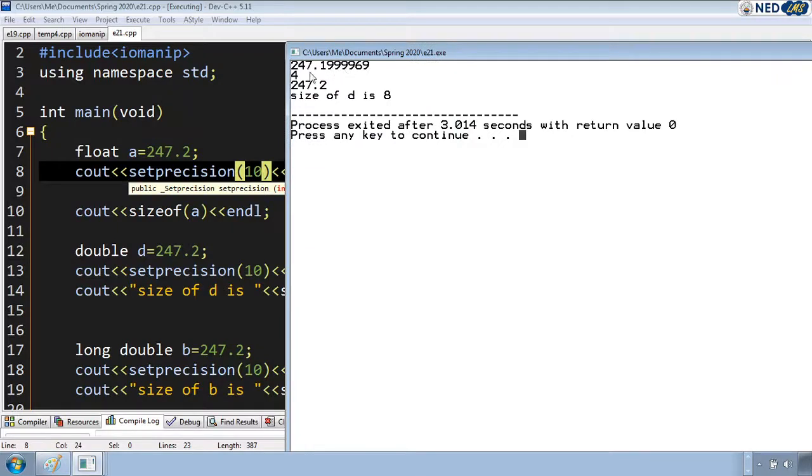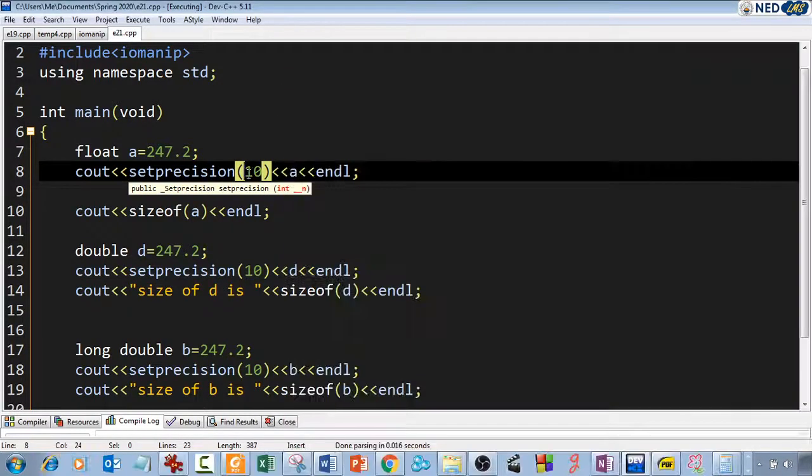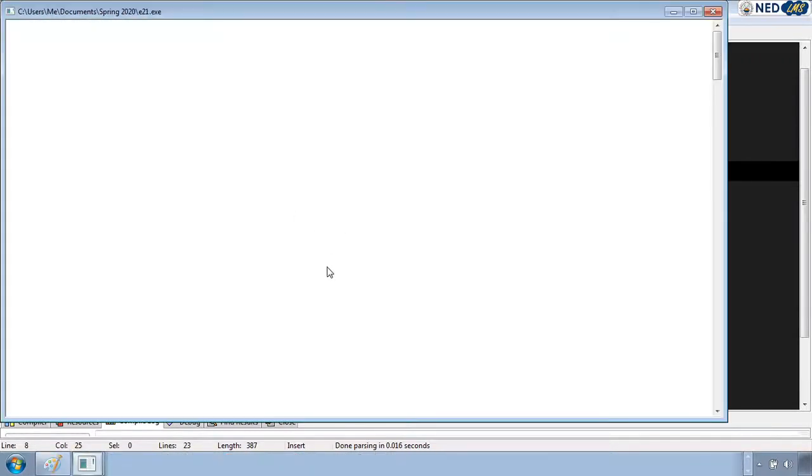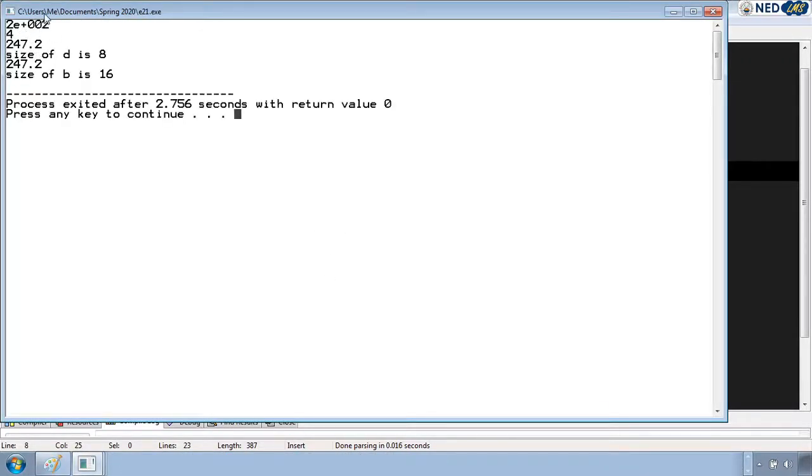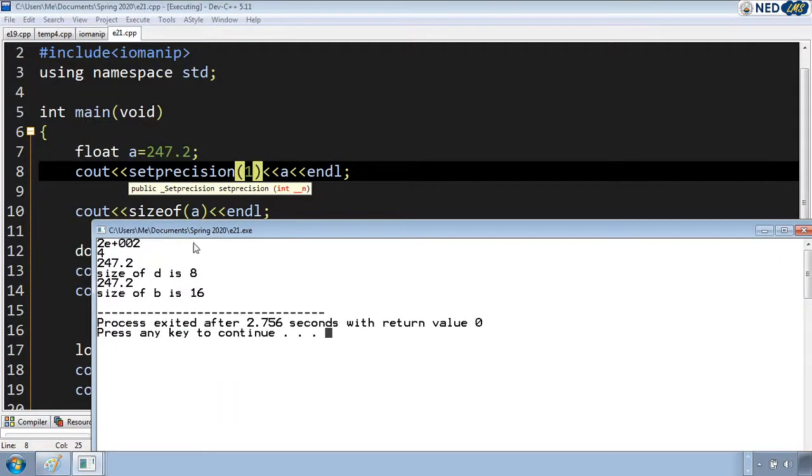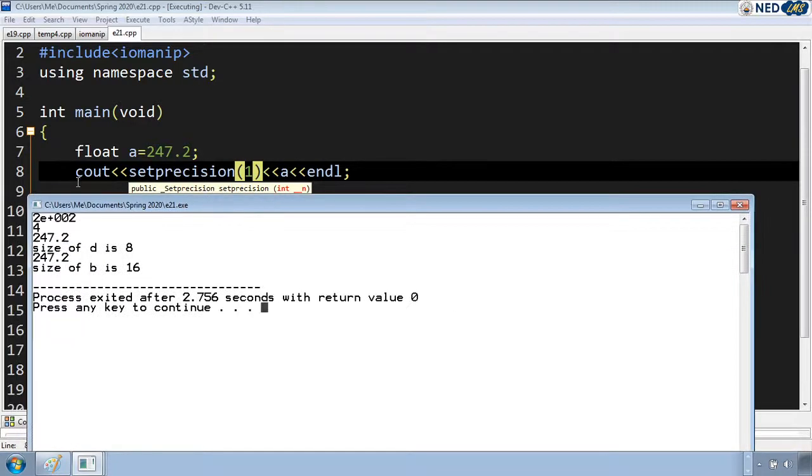So if you set precision to 1, it will just round it off to 0.2. So let me run this thing again, with precision set to 1, and just press F11. It shows 2e-002. We are going to discuss in the next lecture why it's happening.